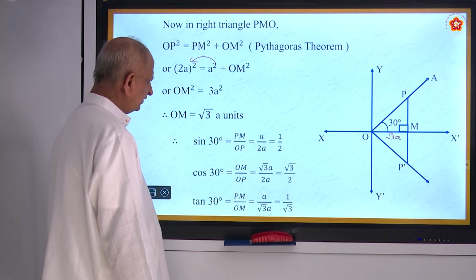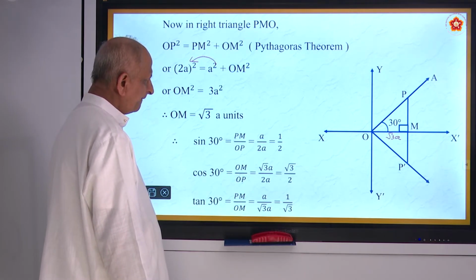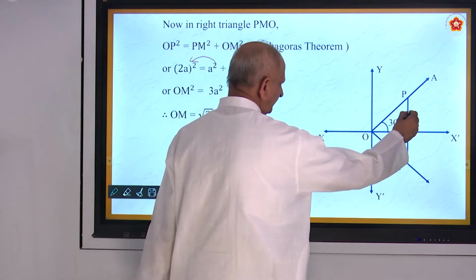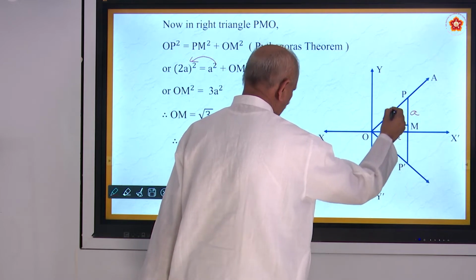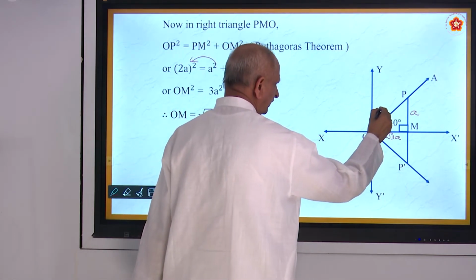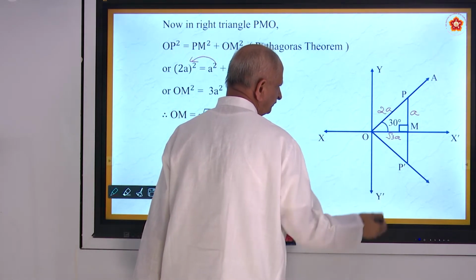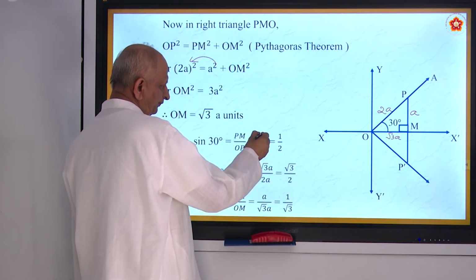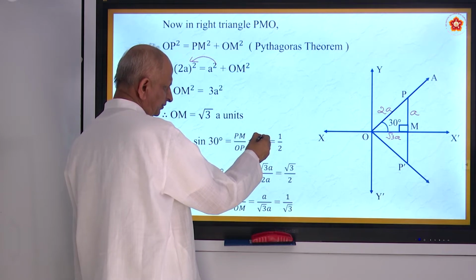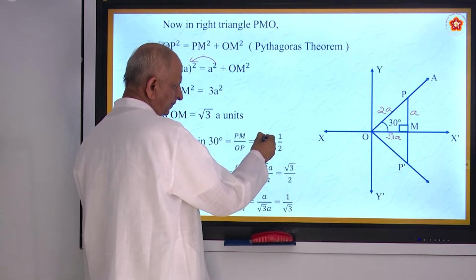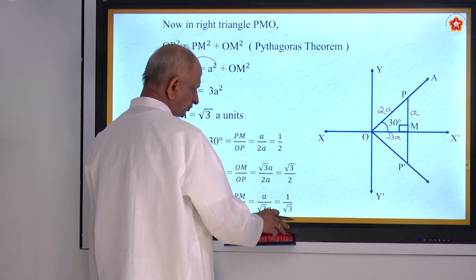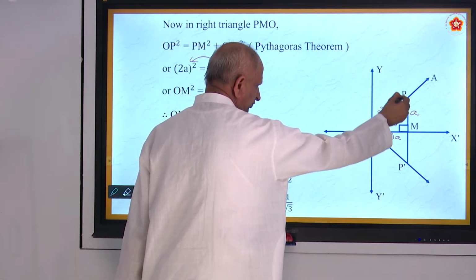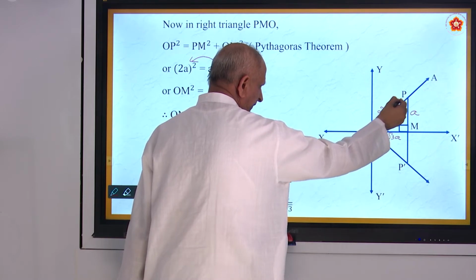So sin 30 is equal to PM by OP. PM is A, OP is 2A. Sin is Y by R, opposite side by hypotenuse.